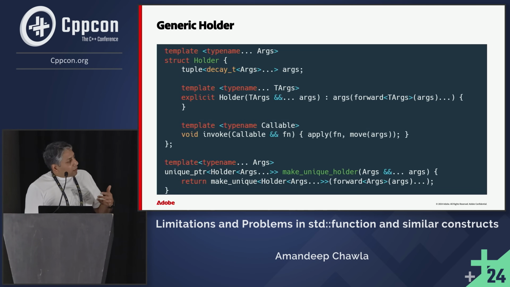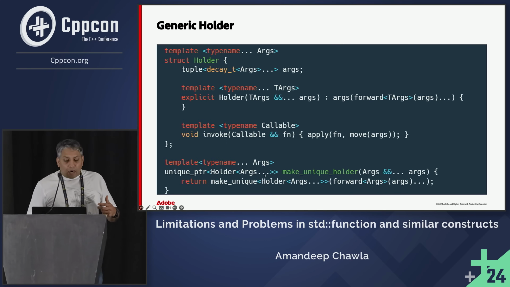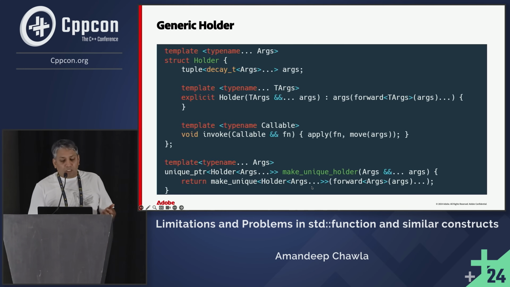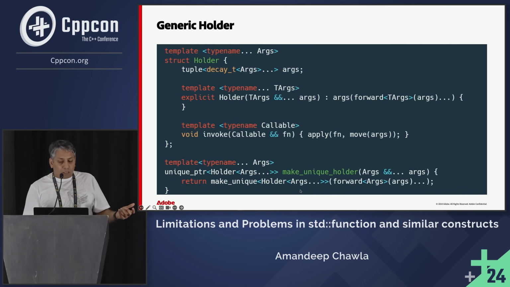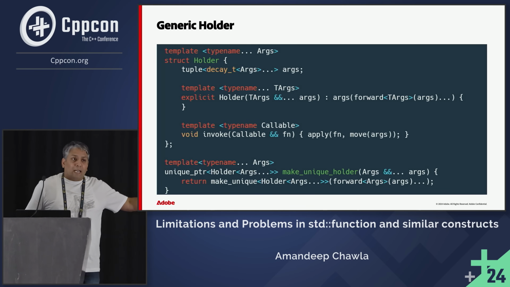And to help us in creating this, I wrote a small function make_unique_holder, which returns me a unique_ptr of this. And I can use this holder rather than directly dealing with tuples.